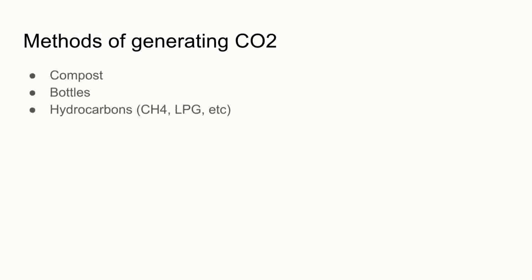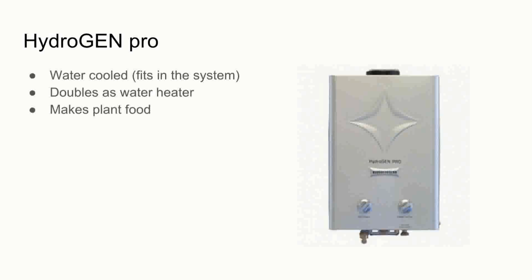You basically burn those. It oxidizes the hydrocarbon. It creates, as a byproduct, CO2 and water vapor, typically, when you burn it. So this is what I have inside my greenhouse, and it fits well in this system.